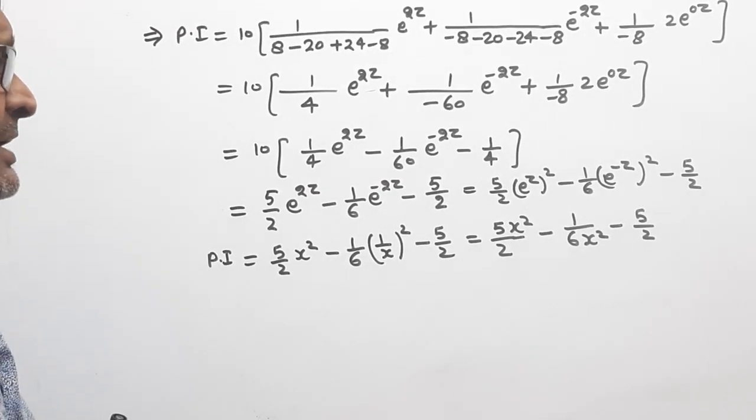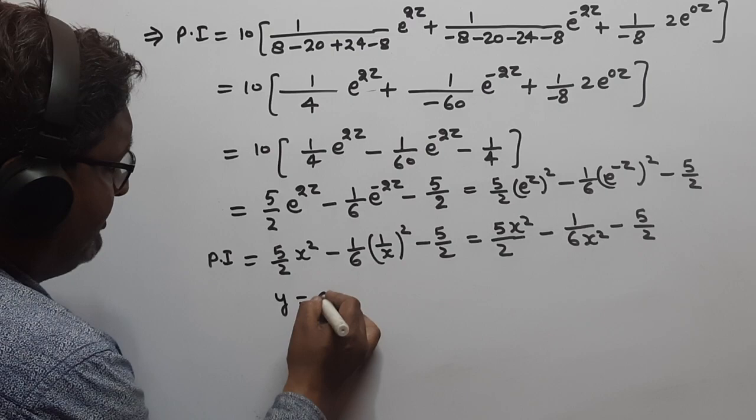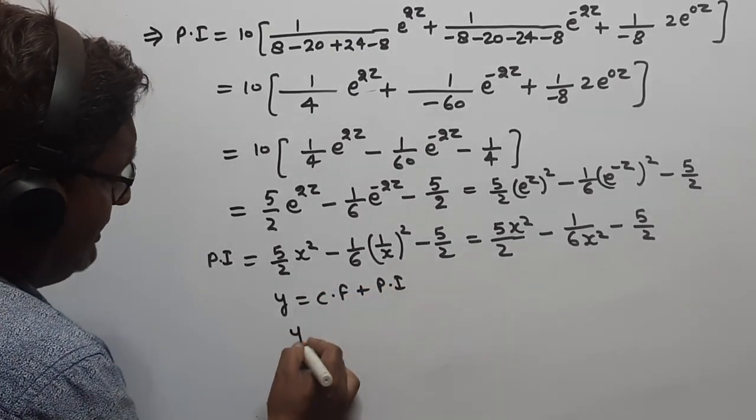Now if we find the solution of the given homogeneous linear differential equation, this can be written as y is equal to complementary function plus particular integral.